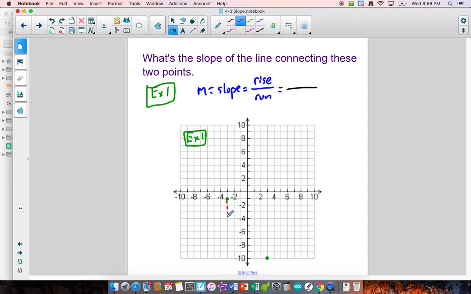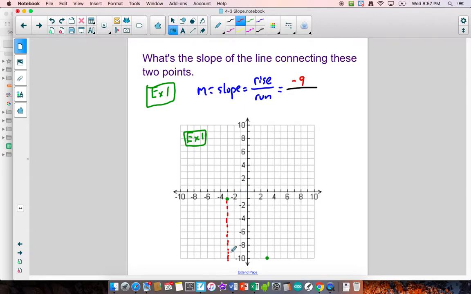So rise: how far did I go to get from this point to this point, whether it's up or down? Let's count. I went from -1 on the y-axis all the way down to -10. So going from left to right, I went down 9, right?